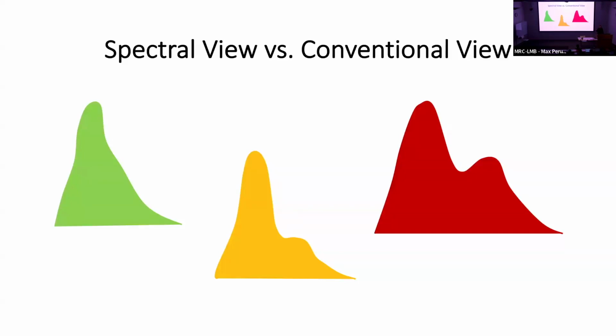So it's a way of quantifying any problems with your tandem dyes. Potentially you're fixing your samples, and that will also cause some tandem dye degradation. You may want to assess how much is happening there. So that's one of the advantages of spectral over conventional.